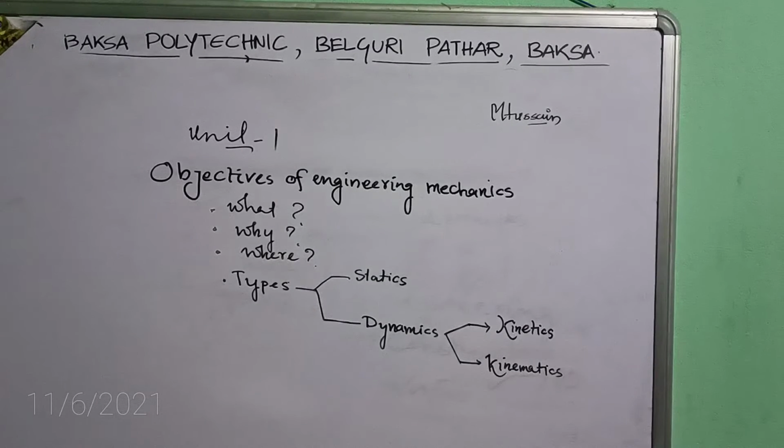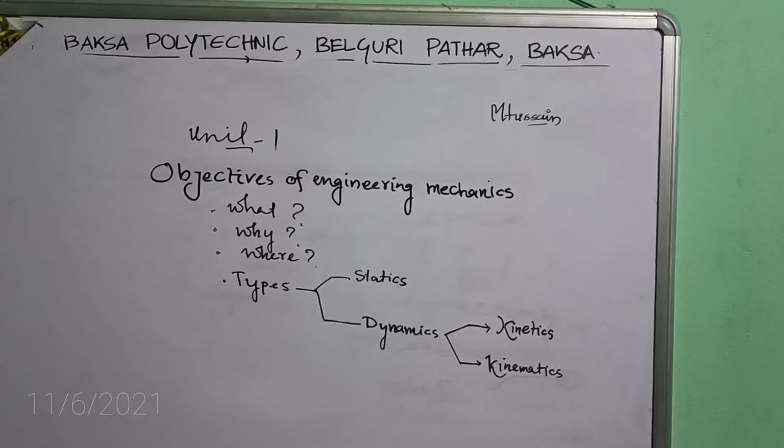So, for a systematic definition, the subject of engineering mechanics is that branch of applied science which deals with the laws and principles of mechanics, along with their applications to engineering problems.